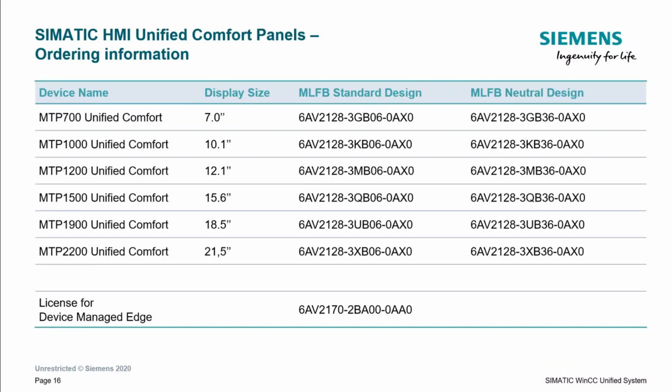Or indeed, if you want to use the HMI Comfort Panels, the actual physical hardware, we can see here we've got MTP, as Andy said earlier, multi-touch panel. The numbers here are representative of the size in inches, so 7-inch, 10-inch, 12-inch, and so on. We have the different variants here, so the order numbers for those.